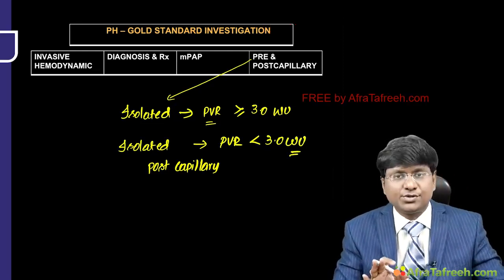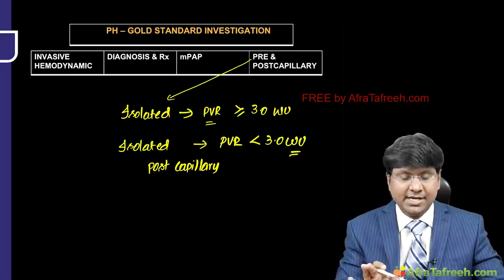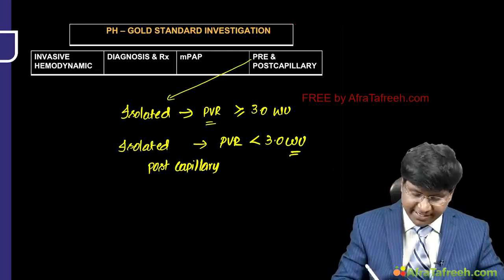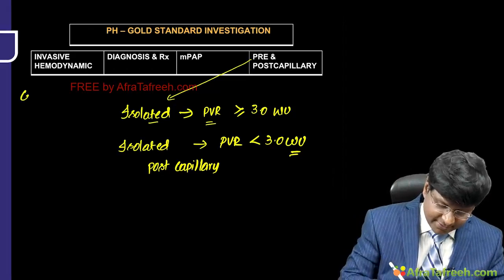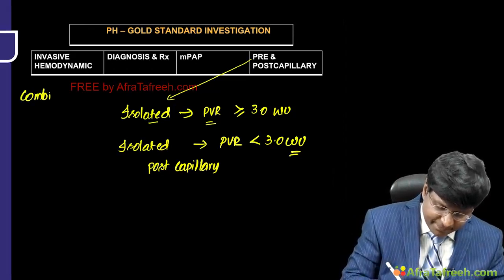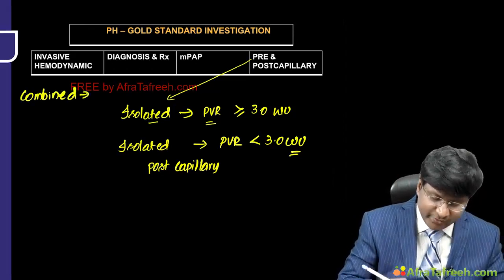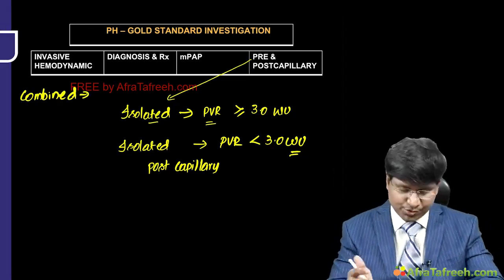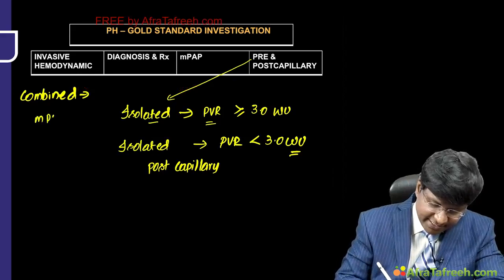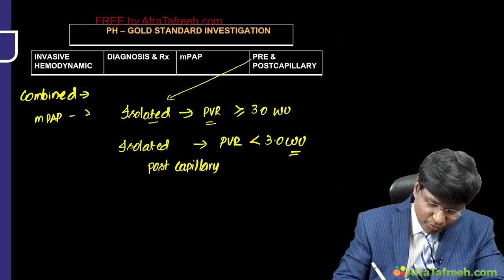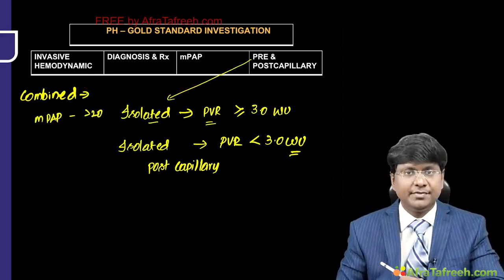So that is the importance of your right heart catheterization. And there can be even combined. So this is isolated pre-capillary and isolated post-capillary. But if it is combined pre and post-capillary, then what does the right heart catheterization show? If it is combined pre and post-capillary, the mean pulmonary artery pressure will be more than 20 millimeters of mercury, right?